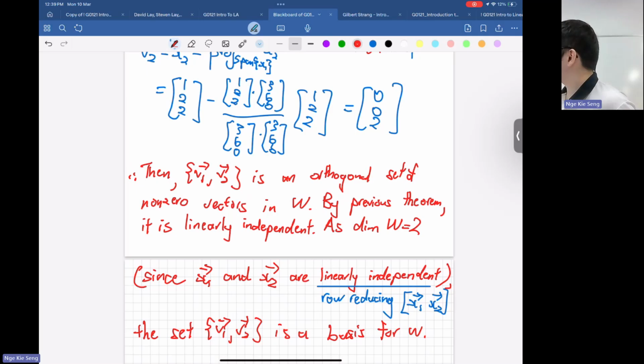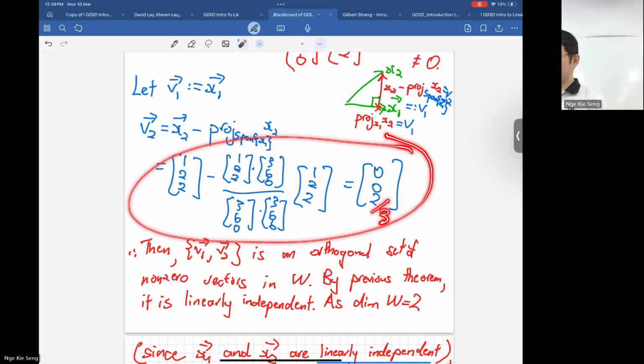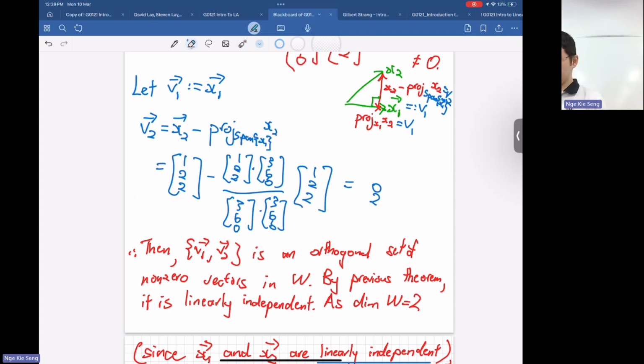You say v2 is wrong? What do you mean, the calculation is wrong? You mean this part? What do you think? You mean here got 2/3?